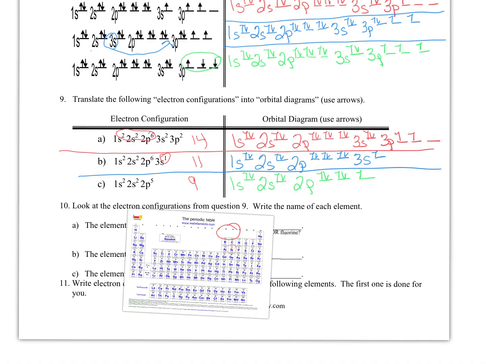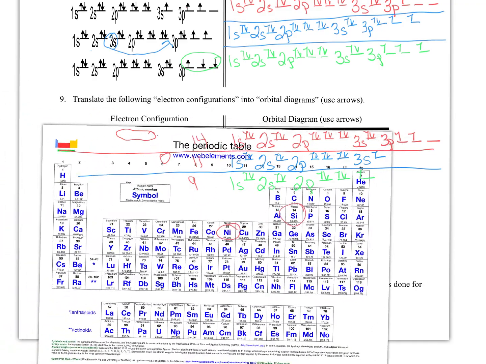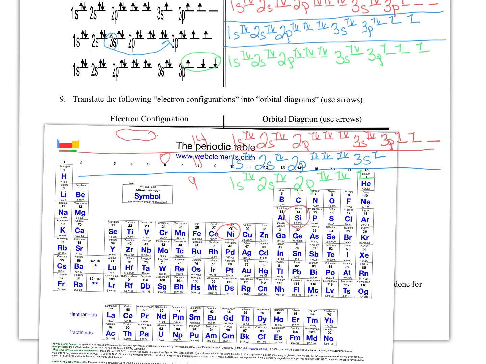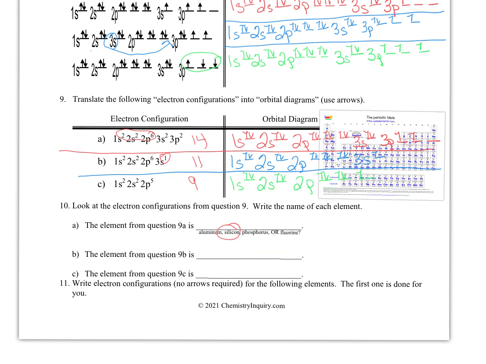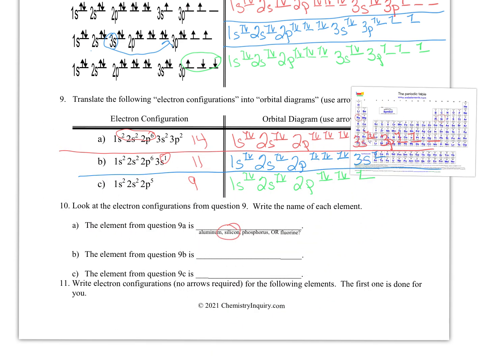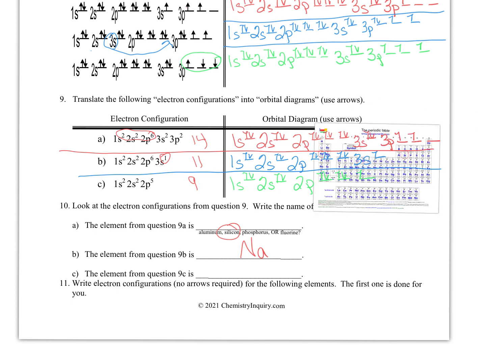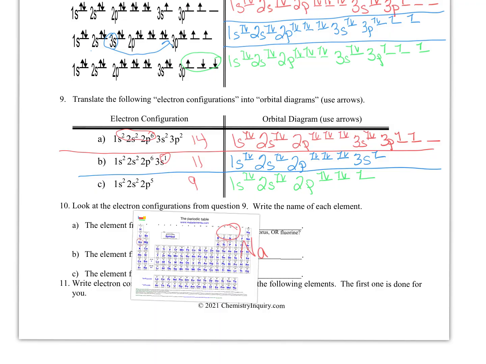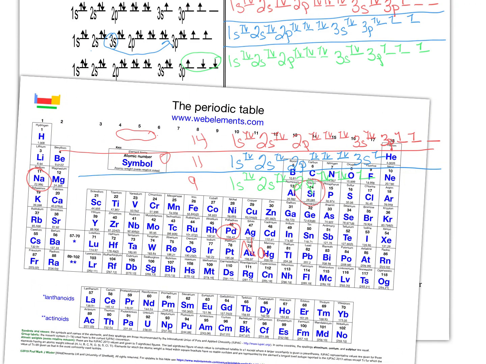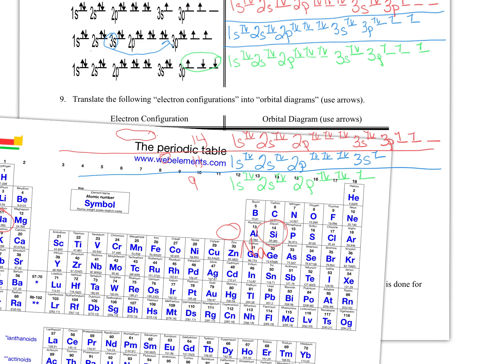So we pull our periodic table. Who's got 11 electrons? That would be sodium. We're just going to put the letters. And then question 9c, who is that? We're looking for the one with 9 electrons. So 9 electrons would be fluorine, F.